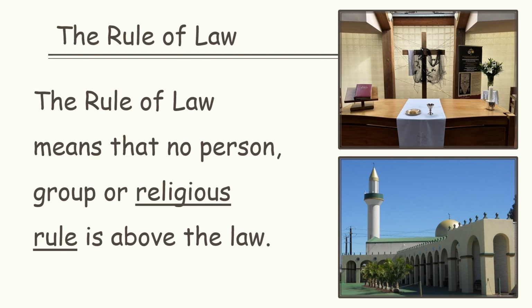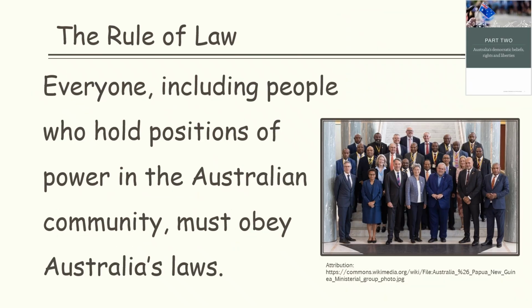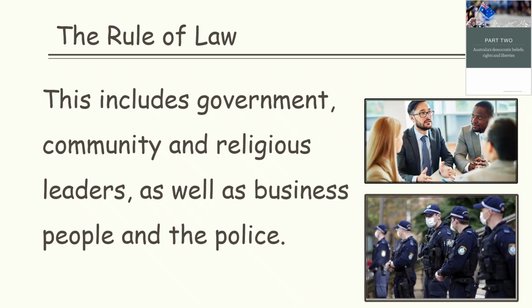Religious communities must follow the law like everyone else. Everyone, including people who hold positions of power in the Australian community, must obey Australia's laws. This includes government, community, and religious leaders, as well as business people and the police.